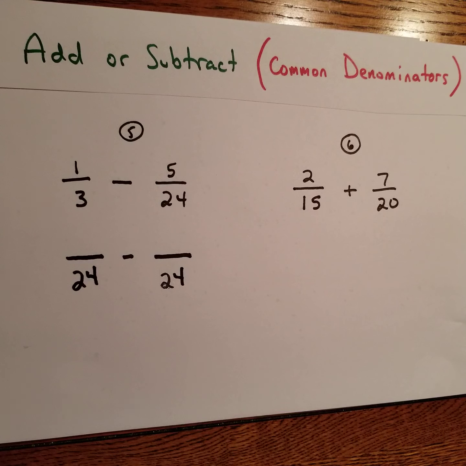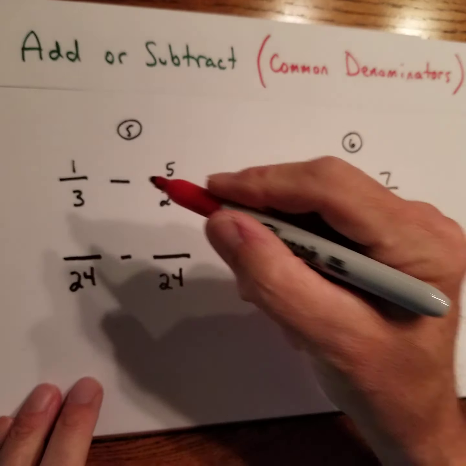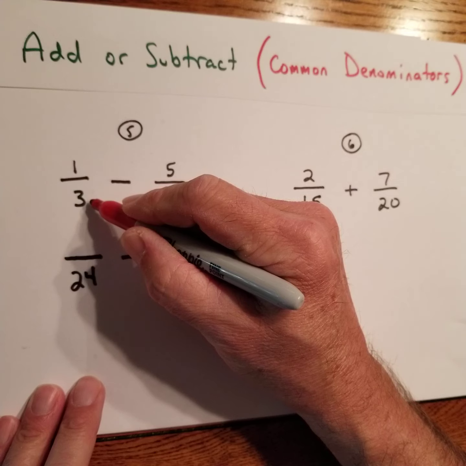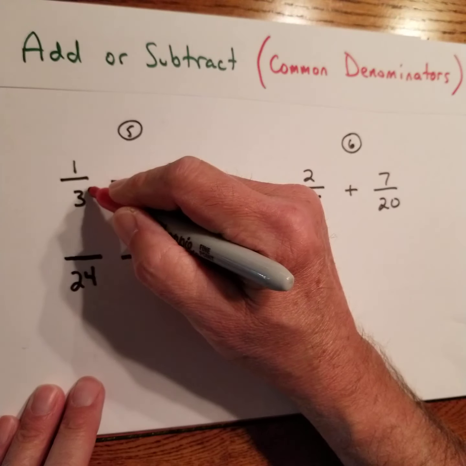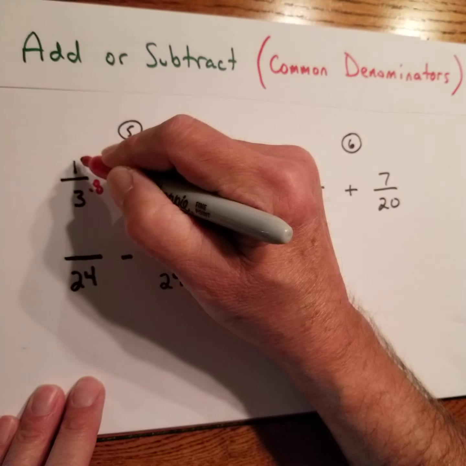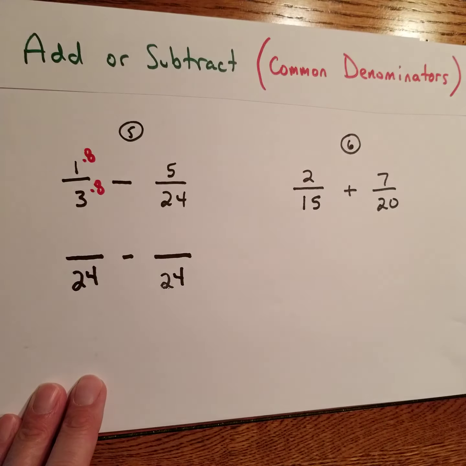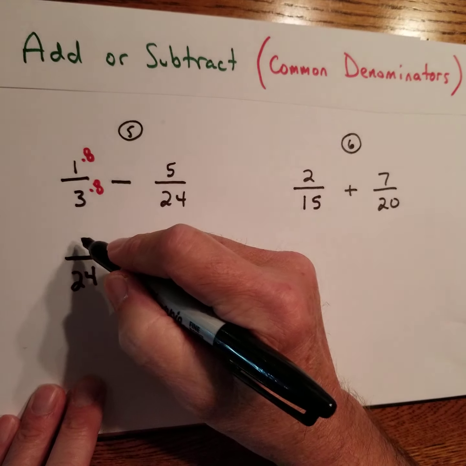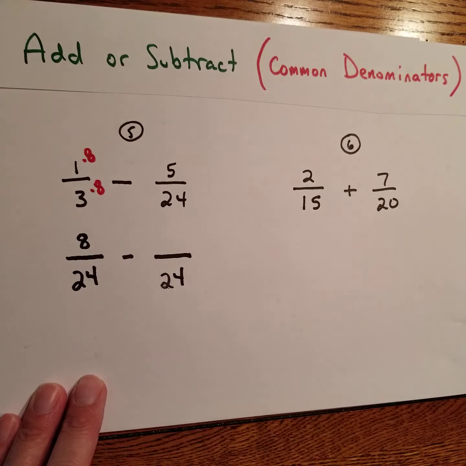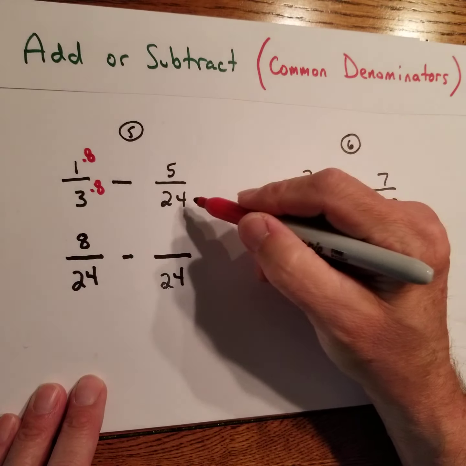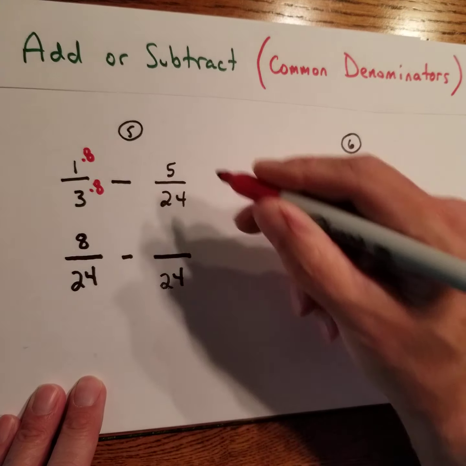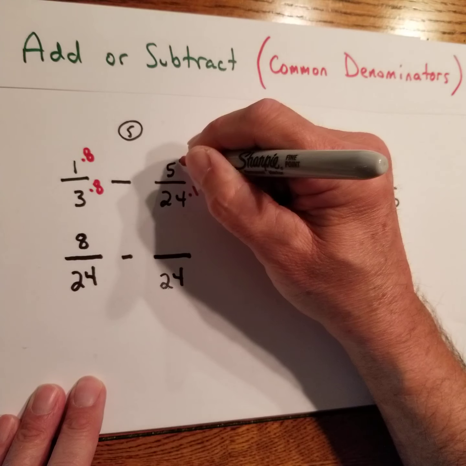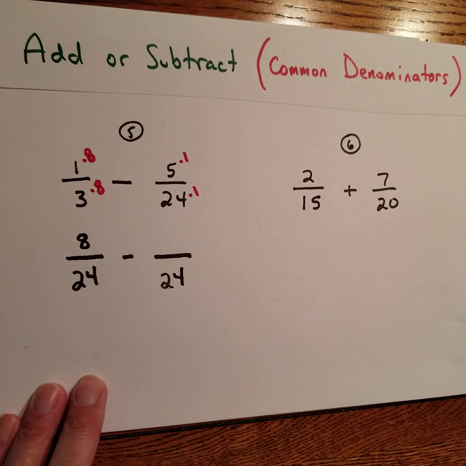To get the numerators, here's the process. What do you multiply times 3 to get 24? We multiply by 8. Then I must multiply the top by 8. What do you multiply times 24 to get itself? Of course, that's 1. We'll multiply the top by 1.